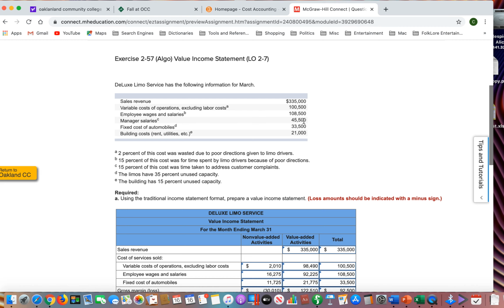Here, for instance, variable cost A, and 2% of the cost was wasted due to poor direction. Well, 2% of this is $2,010. So out of 100,500, 98,490 was value added. You just simply subtract this from that and you get that number there.